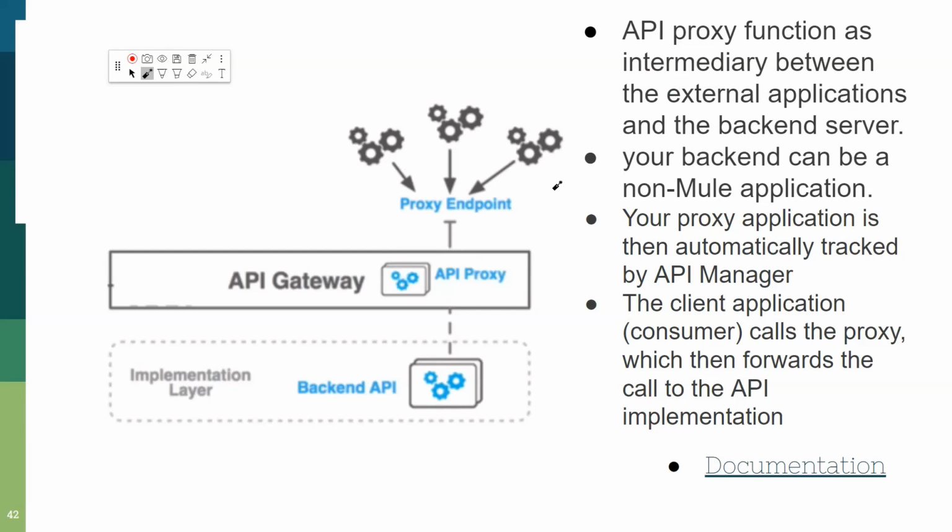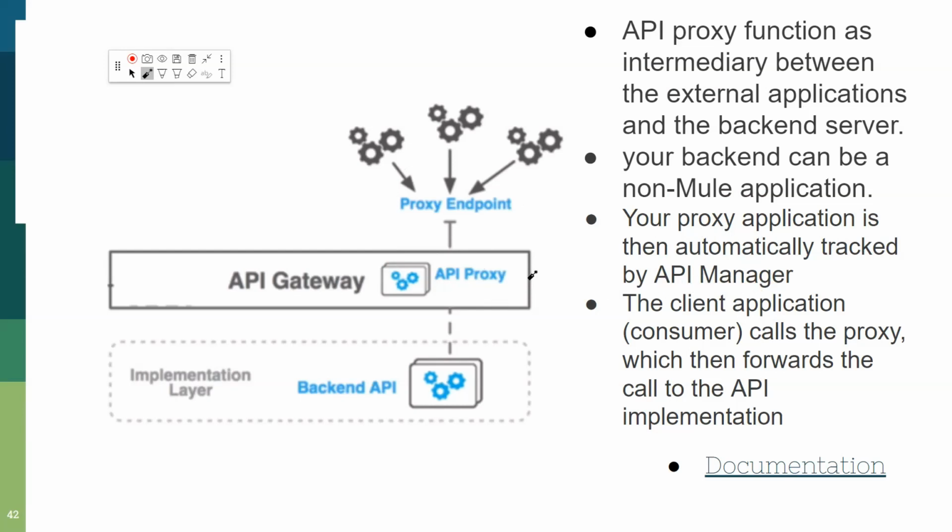One of the advantages of using an API proxy is that it can be used for non-Mule applications as well. We said if we have non-Mule applications and we want to manage them in Anypoint Platform, we have to use an API proxy. Your proxy application is then automatically tracked by API Manager.